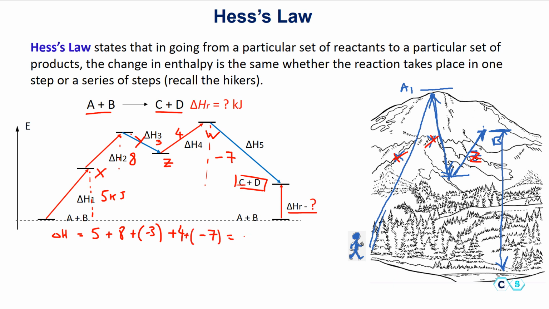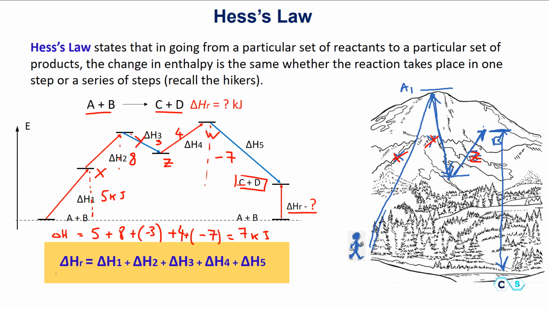This will give me the total enthalpy of the reaction, which seems to be 7 kilojoules. And so if we generalize, we can say that the enthalpy of the reaction can be calculated from enthalpies of other reactions as long as we can find a way to add all the other reactions together to get to the target product that we have here.